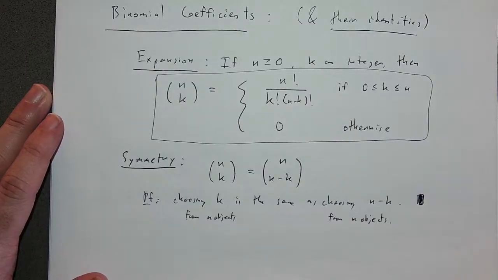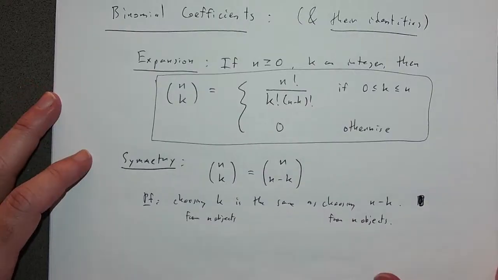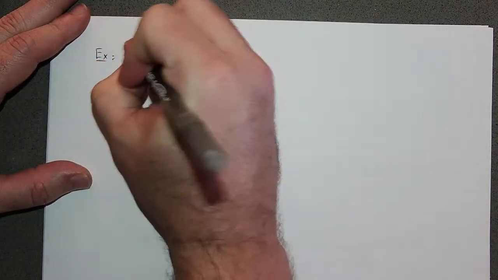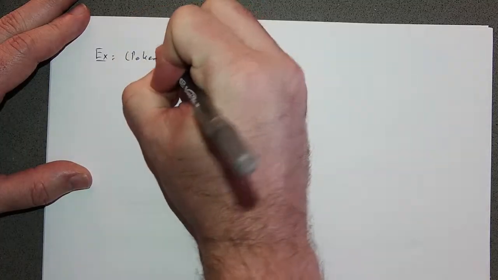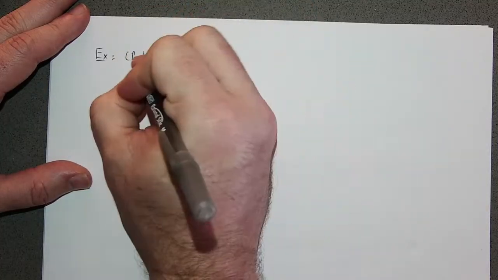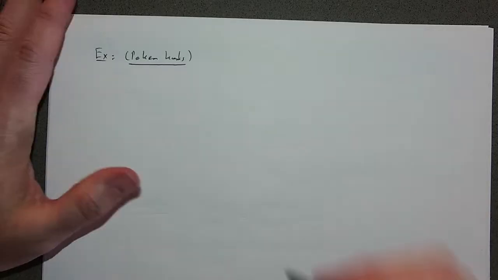Now, let's think back to poker hands. Let's do a quick example, more poker hand stuff. Let's try to compute the number of 5-card hands that include the ace of spades.